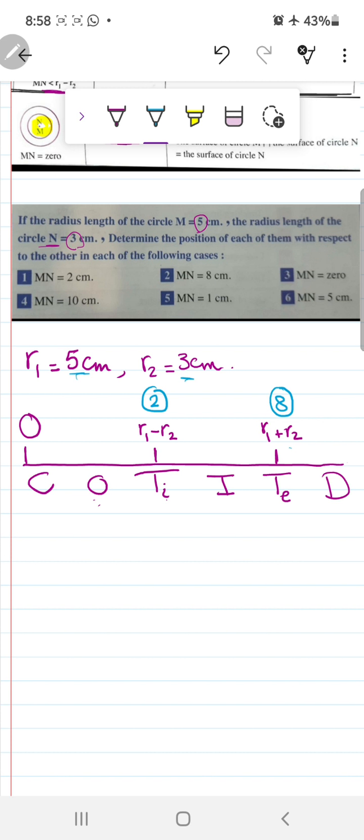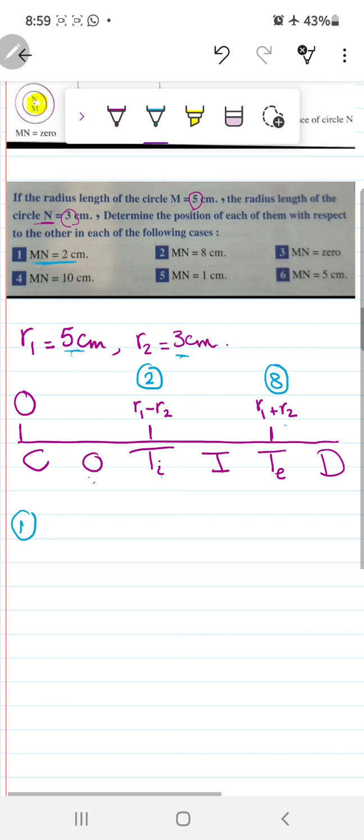Okay, let's take number 1. Here we have MN equals 2. Here it is called touching internally. Okay, it's very easy.